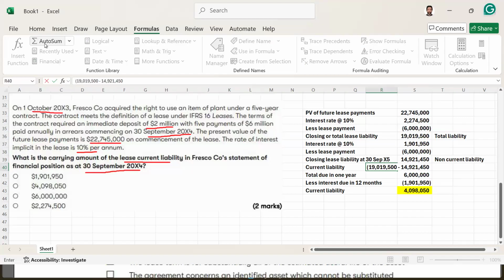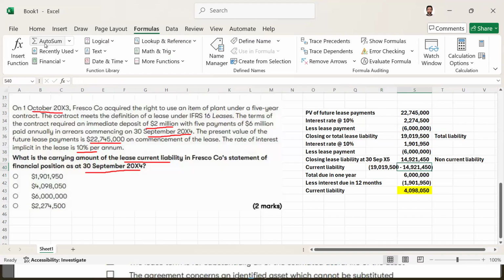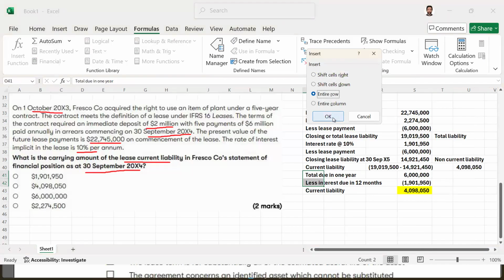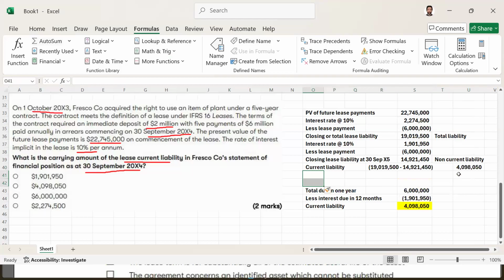Okay, so I just wanted to do this calculation for you, just to show you. And now I can just take the difference here. This is the total liability, and this is the non-current liability. Clearly, the difference is going to be the same as I calculated here. Okay, I could just put this further down so that you people do not get confused. So we get the same answer for the current liability.